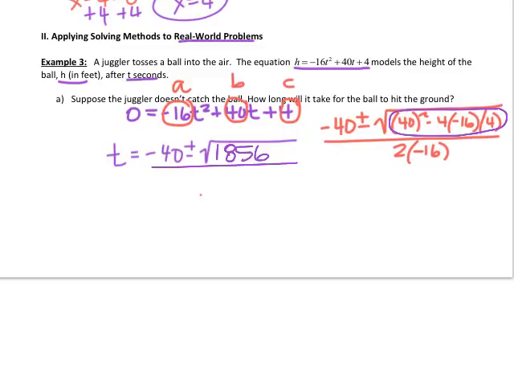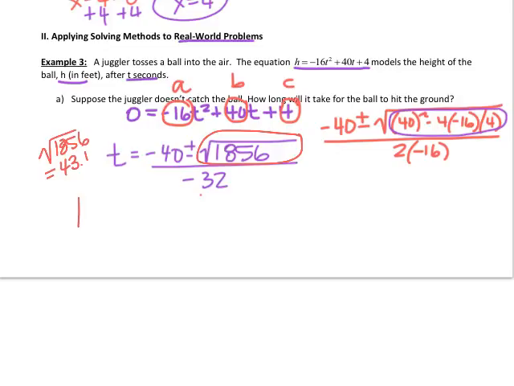And that's going to be over negative 32, because 2 times negative 16 is negative 32. Now, because we're dealing with time, I'm going to go ahead and just take the square root of 1856 using my calculator, and it comes out to 43.08, which I'm going to round to 43.1.